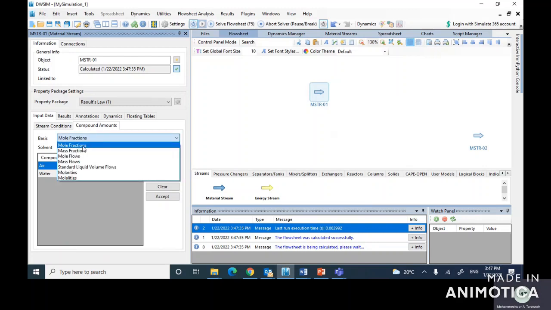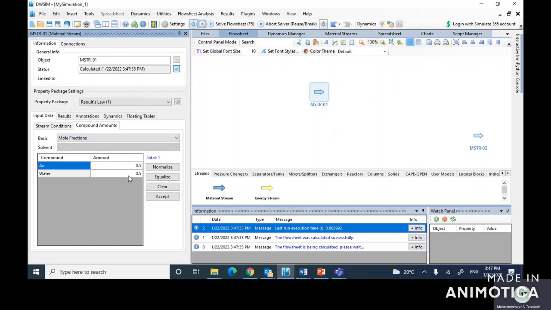It doesn't matter actually, because the cold stream consists of pure water. So this is 1, and for the air, it is 0. Click enter, then accept, and change the name. This one is called cold inlet. Well, then close the window.